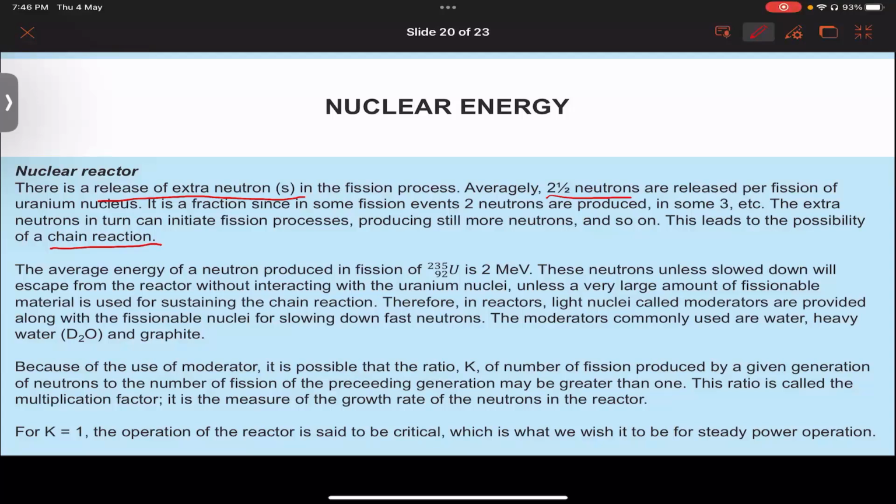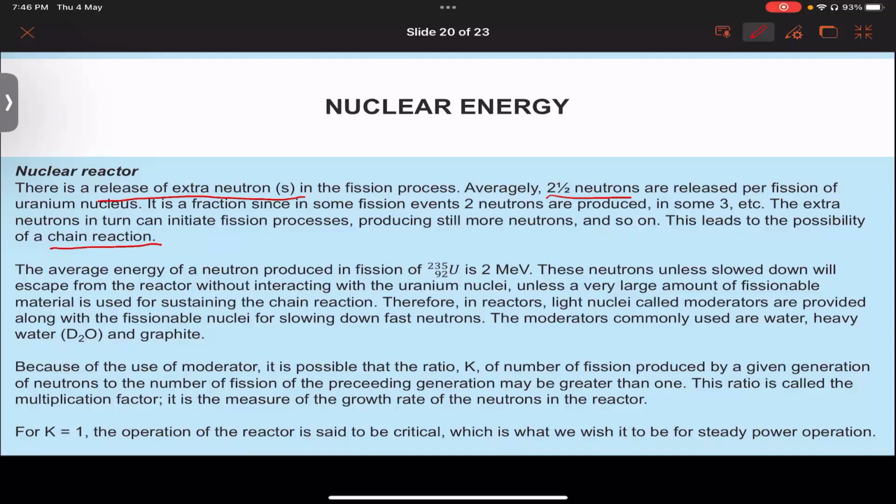If there are very few uranium nuclei, it will get exhausted very soon, and otherwise we need a very large amount of fissionable uranium material to sustain the chain reaction. Uranium itself cannot be found in very large amounts; we have a shortage of it naturally.